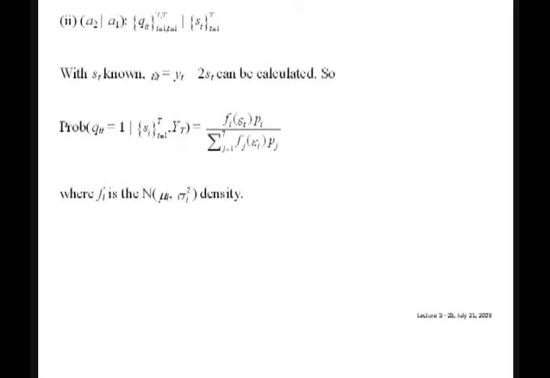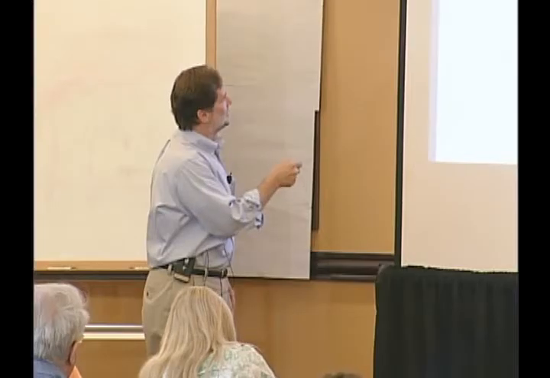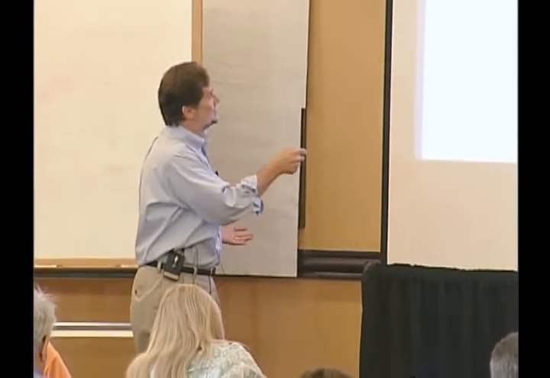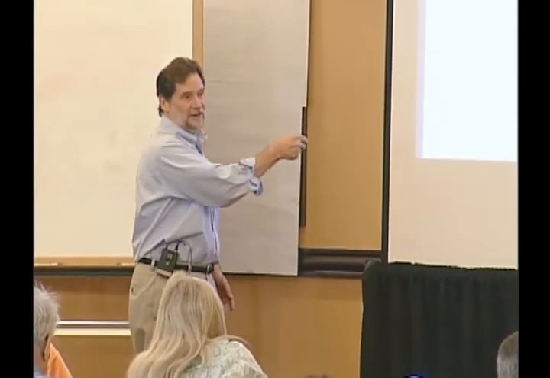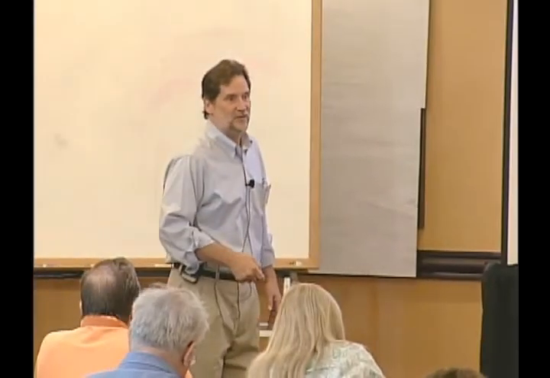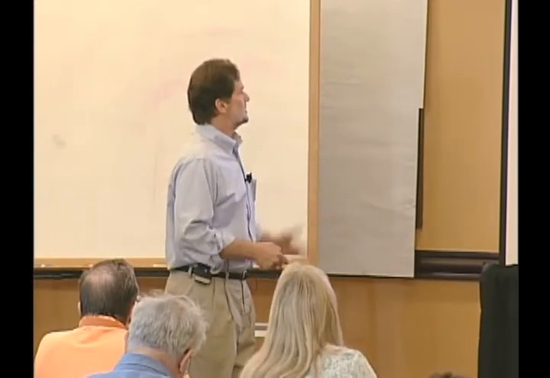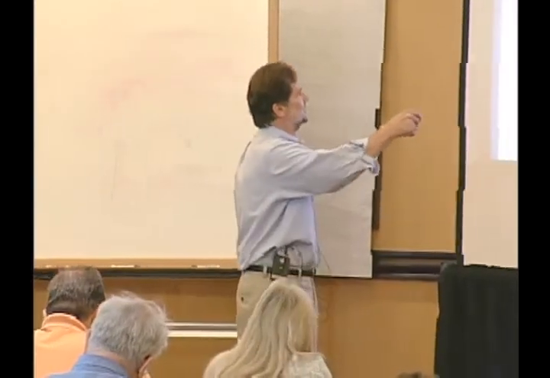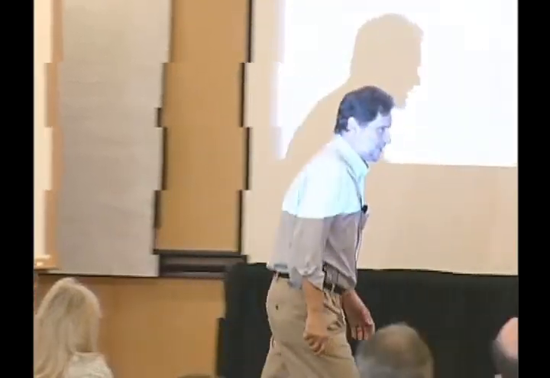So the probability that Q_it is equal to 1 given S is just Bayes' rule, trivial Bayes' rule. Given the S's, it's just this, so I just draw from this. As simple as can be. So that's where I've got these normal densities here. Okay, so that's really simple.